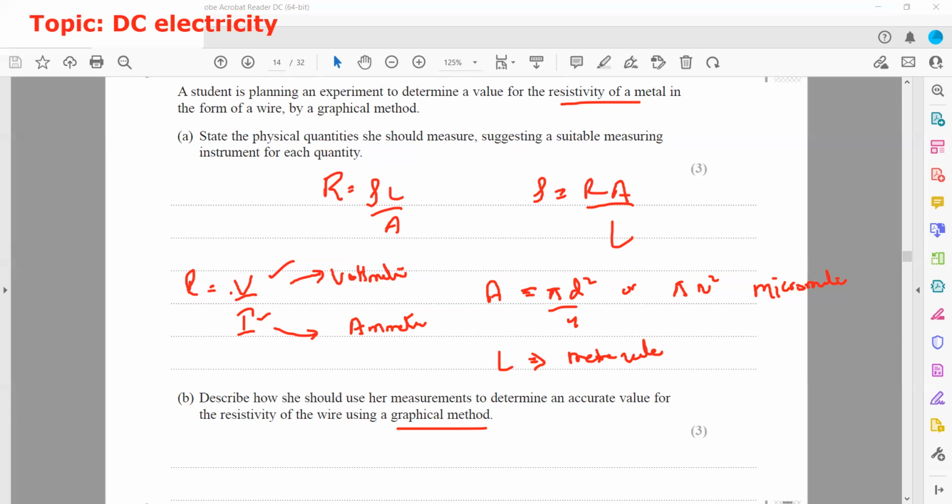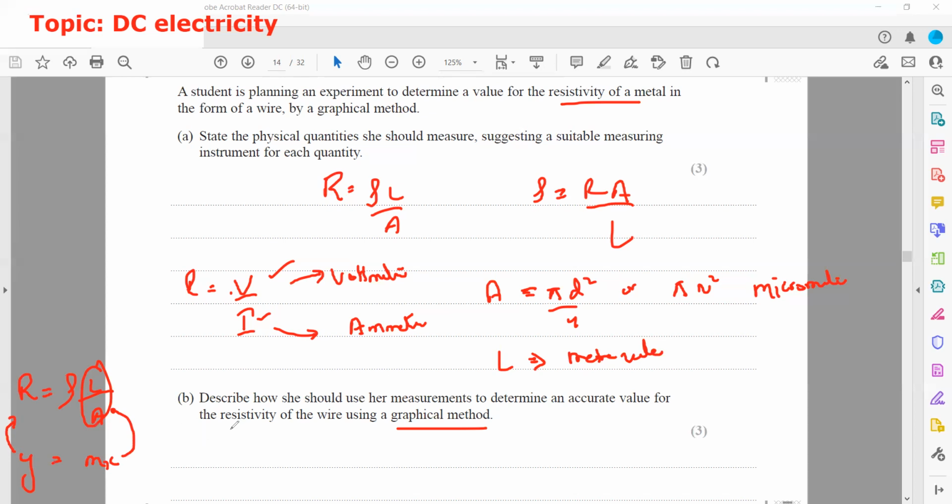We have the formula R equals rho L divided by A. If I compare this, on the y-axis I sketch R, and on the x-axis I have L over A, the ratio between length and area. What will be my gradient?